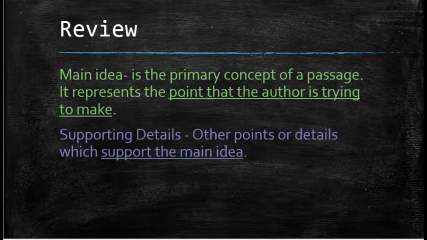So let's review. The main idea is the primary concept of a passage. It represents the point that the author is trying to make. So ask yourself, what is the author saying to me? What is the author trying to say? The supporting details are the other points or details that support the main idea.